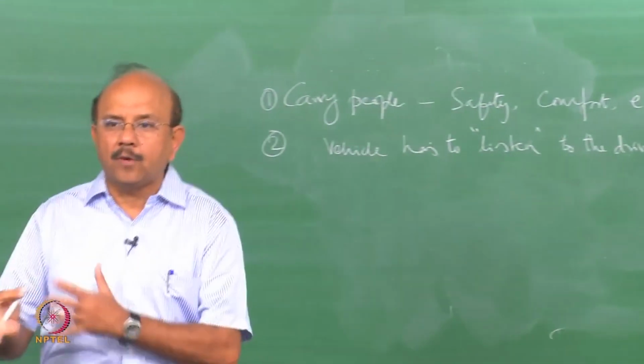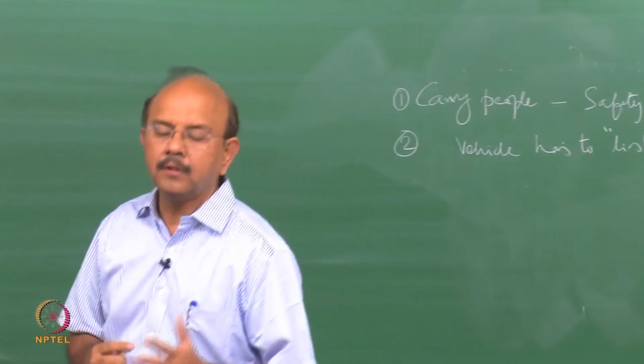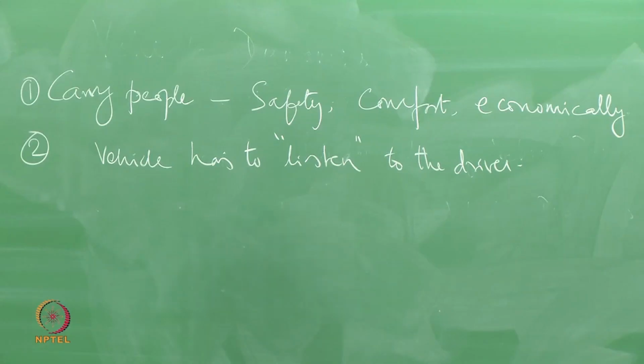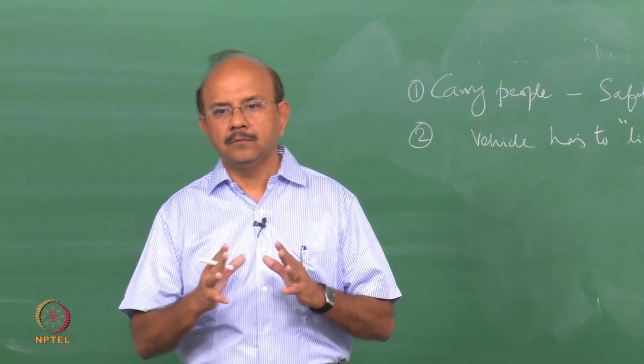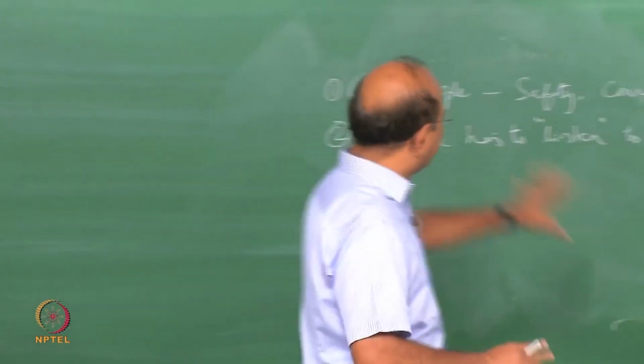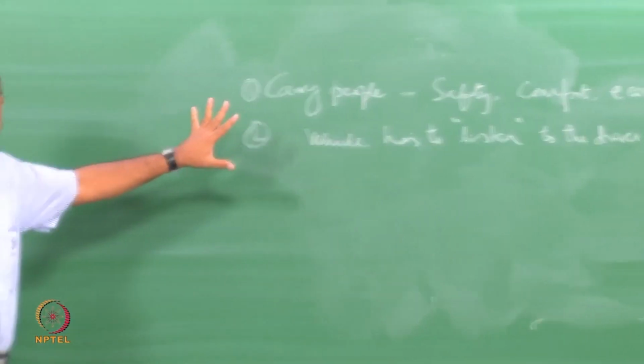It has to do what he wants it to do, and it has to do that again in a prompt and effective way. So in this course, this is what essentially we are going to study.